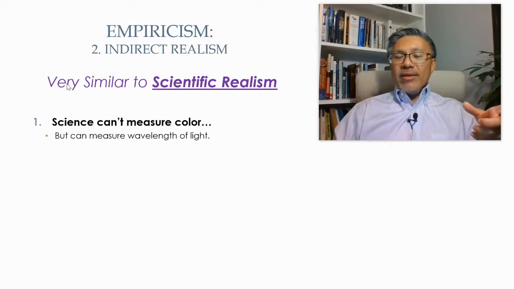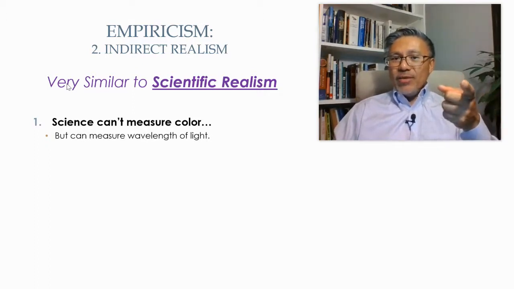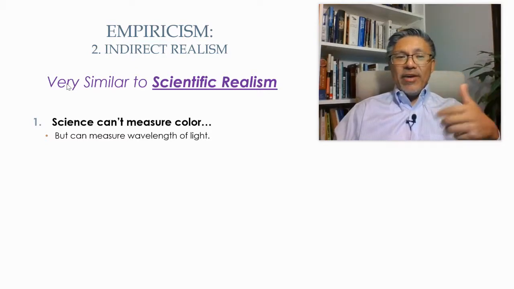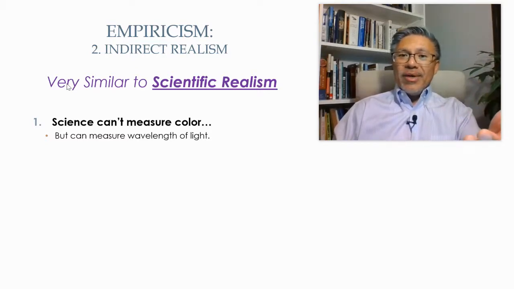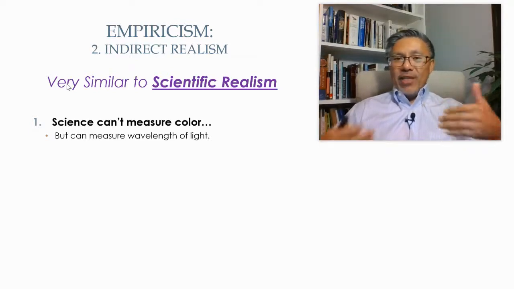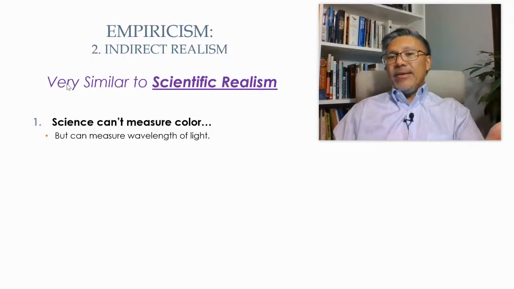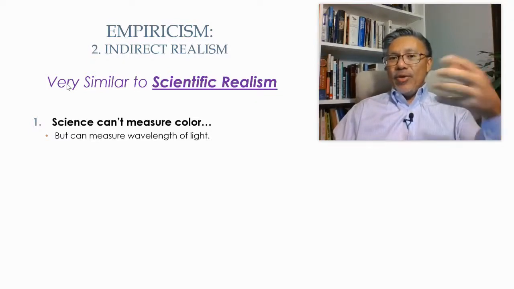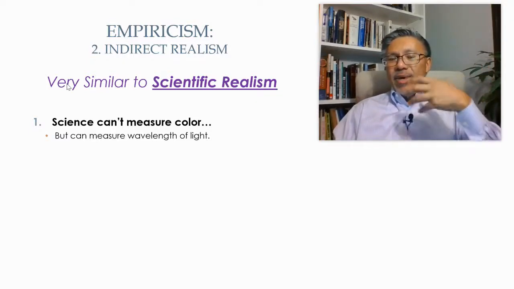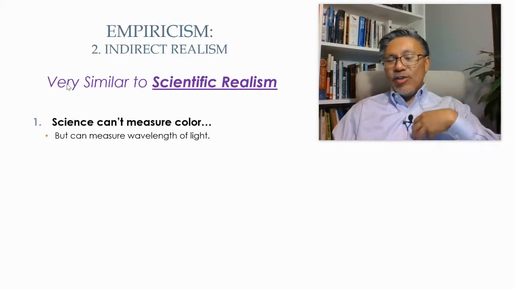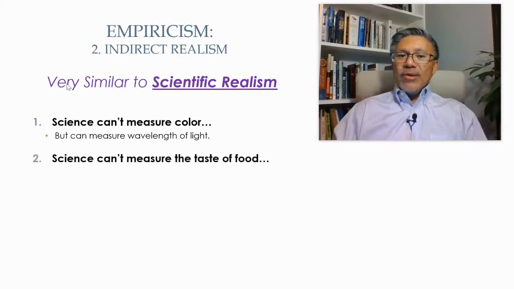We can measure that. But what color it is in terms of what you are seeing, that's the effect it has on you, right? We can know the wavelength of the light reflected off the shirt, but I can't know the color you're seeing because that's how the light is impacting you. That's how the light reflected off my shirt is affecting you.